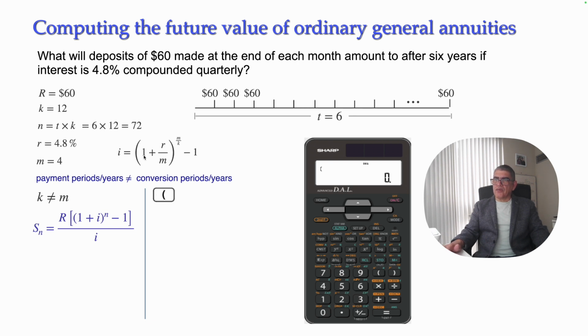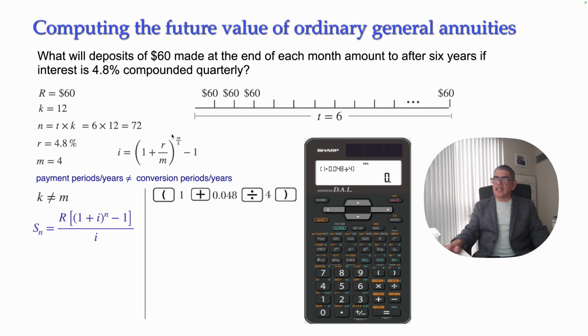Then after the bracket we have the number 1, so 1 plus r divided by m, but r is 0.048, so it will be 0.048 divided by 4, since m equals 4. So I divide by 4 and close the bracket. The calculator now is able to make the operation that is inside the bracket.